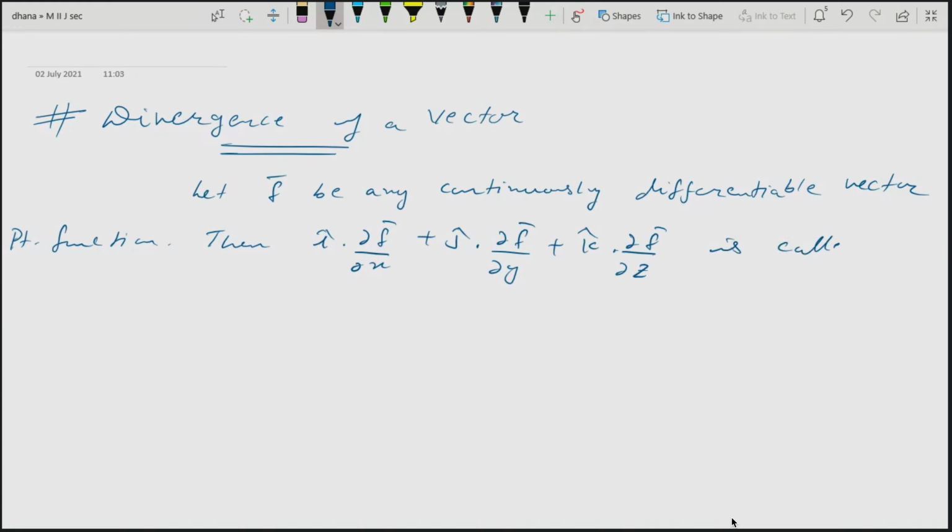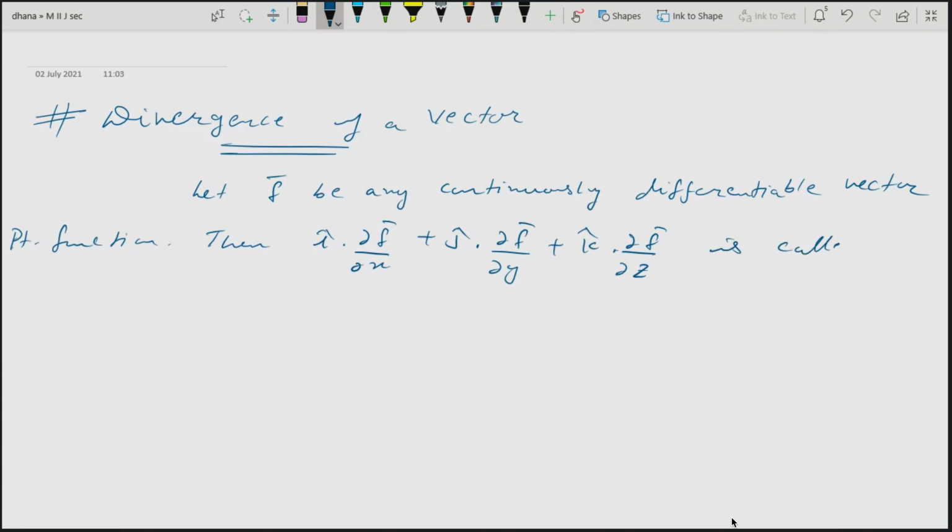So this is how the divergence of a vector function is defined. You don't have divergence of a scalar, that is not possible. You apply divergence on a vector itself, okay? And in short form you write div f bar.